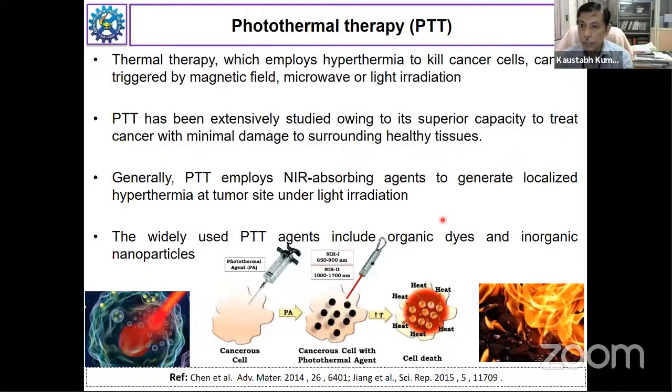One is called photothermal therapy, and in that kind of therapy, you need a light source, and also you need nanomaterials which can activate and generate the heat in the presence of light. There are two kinds of light source generally used for PTT, in the NIR1 and NIR2 windows, which can illuminate the light and then generate the heat.